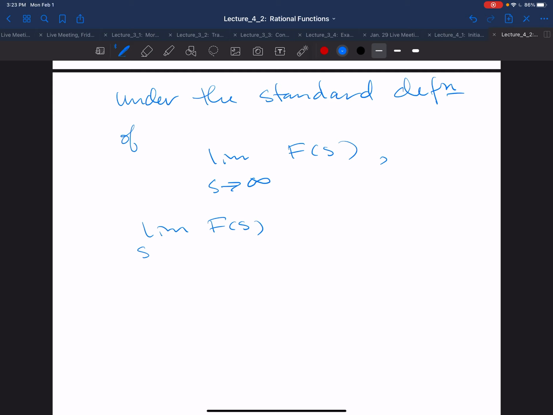So under the standard definition used in complex analysis, the limit of f of s as s goes to infinity in this case is equal to 0. So this rational function is said to have a zero at infinity.